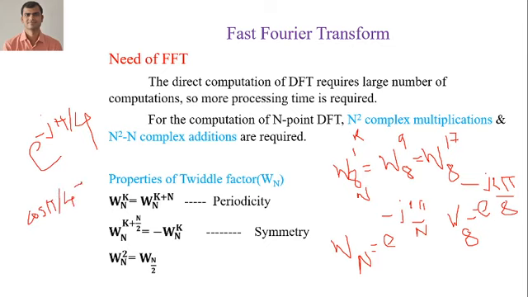Then we take the twiddle factor exponent value of k as 1 for calculating W8 to the power 1. Just here we have to put the value of k. If it is 1, you put 1. If it is 2, you put 2. If it is 3, 3. In that way we can calculate the value of the twiddle factor exponent.